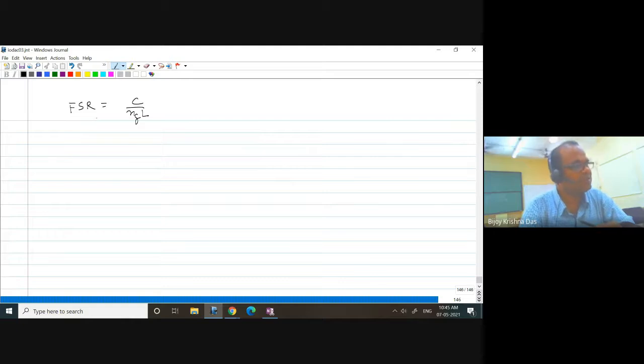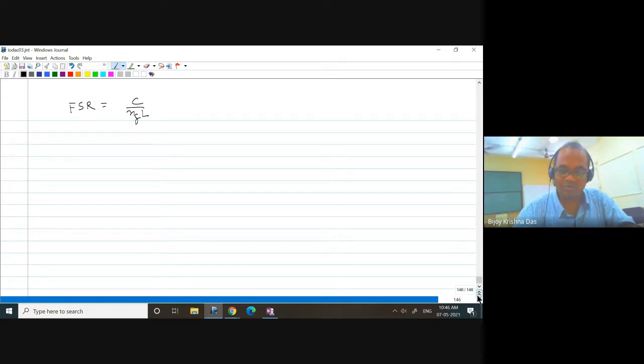So does this FSR depend on loss of the waveguide? No, sir. No, because the expression says only NG, and NG does not depend on the loss inside or whatever, so you are not considering that. Only c and L, these are the things, right? So it is loss independent, that you should remember.